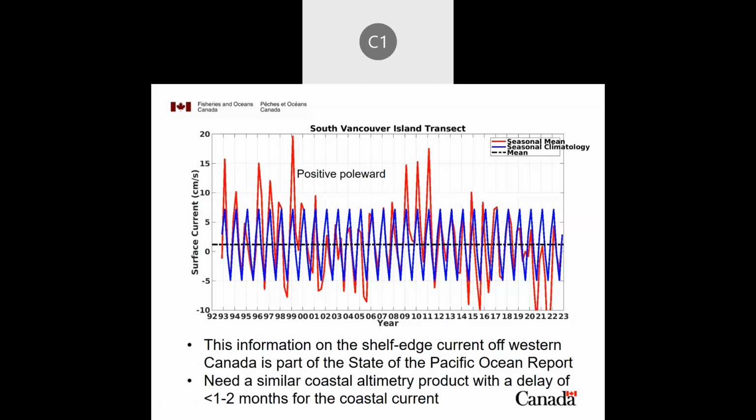We have looked at the CTOH extracted data. They have done a tremendous job, but the updates, because of the challenge and difficulty, are not as timely as the data in the RADS system. So we hope this can also be available in the future, so we can truly provide coastal currents for the state of the ocean report.